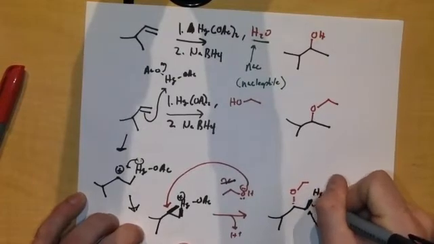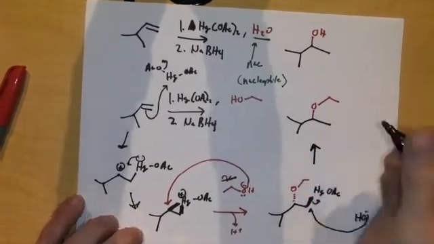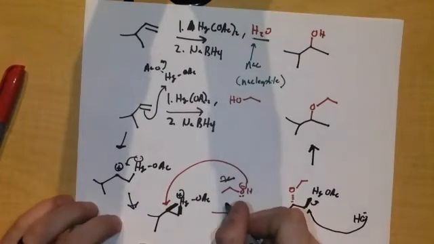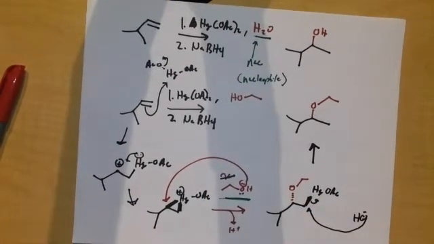That'll kick out this mercury to give us our product. So it's the same reaction we were doing before. We've just swapped out water for ethanol. And that's how you make ethers.